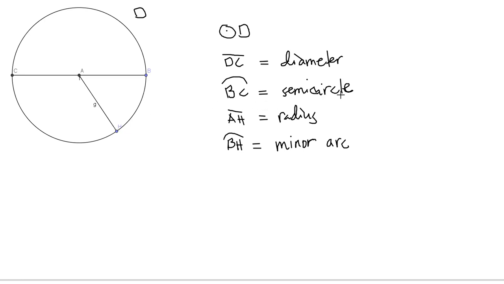Semicircle is always half the circle. When we're talking about a minor arc, we're talking about less than the semicircle. And even CH is also a minor arc.